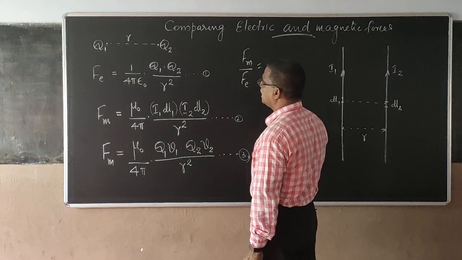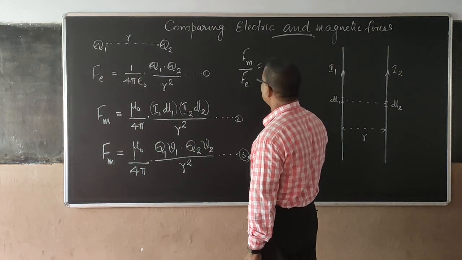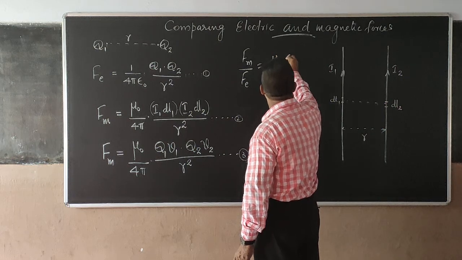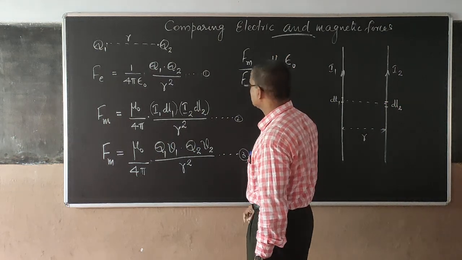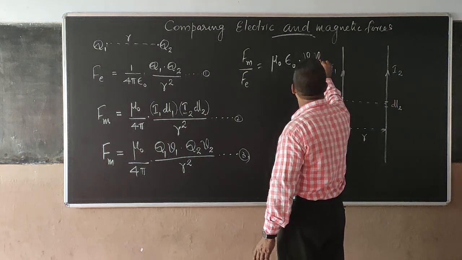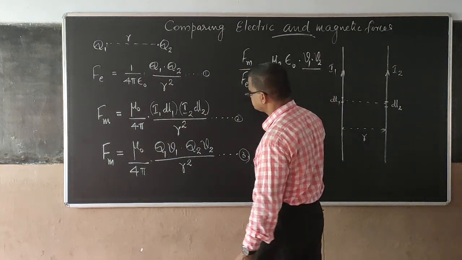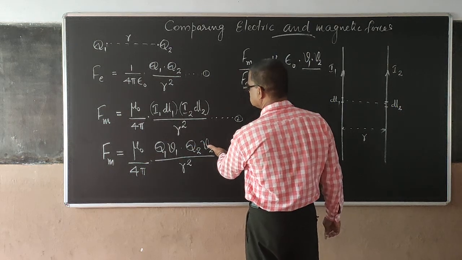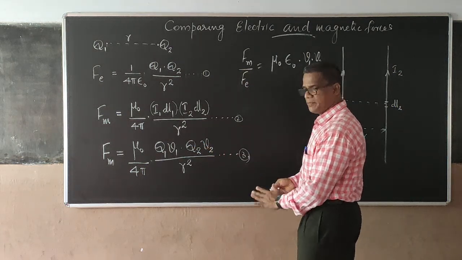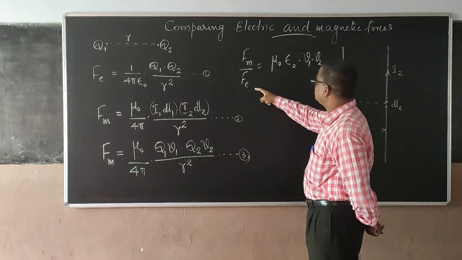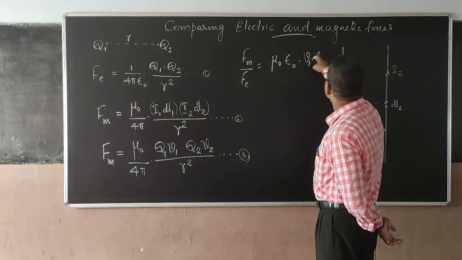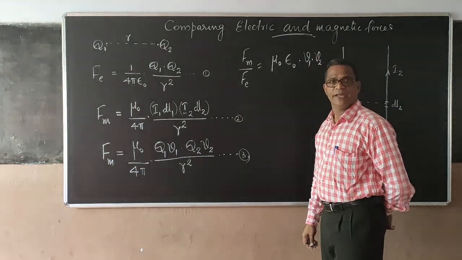So I will be getting Fm by Fe equal to mu 0 into epsilon 0 into V1 into V2.